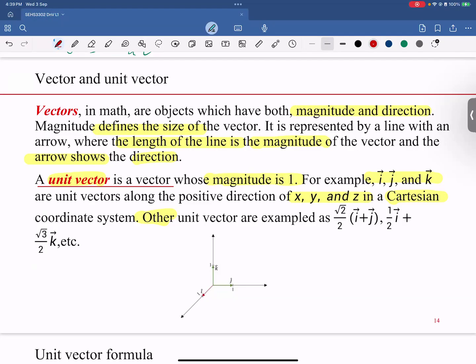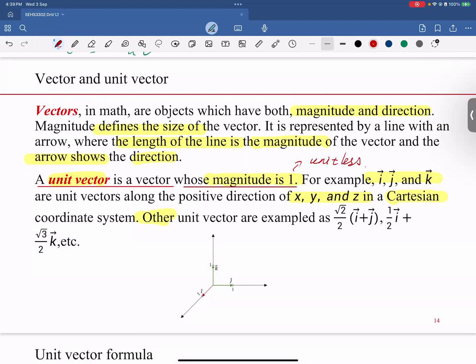Unit vector is a vector. Of course, it is a vector, right? But you need to know the magnitude of this vector is 1. 1 what? 1 meter? 1 kilometer? No, it's just a 1. It is unitless.